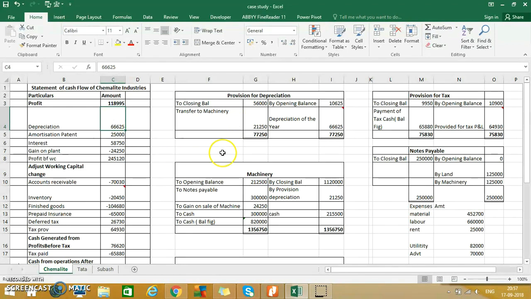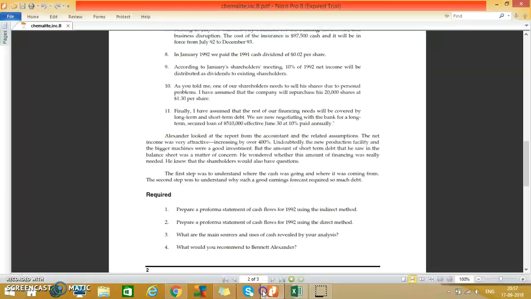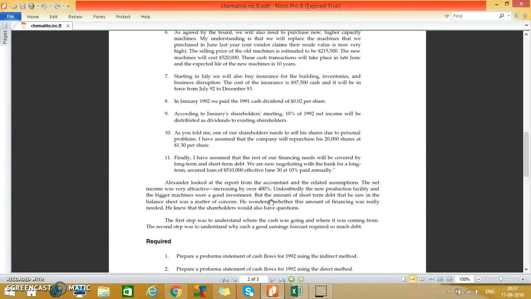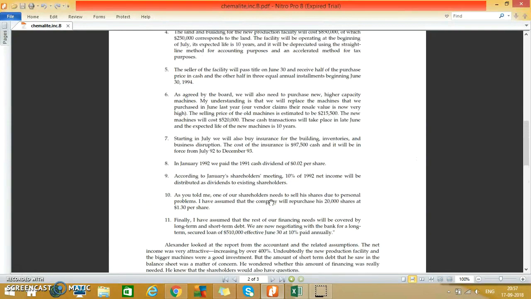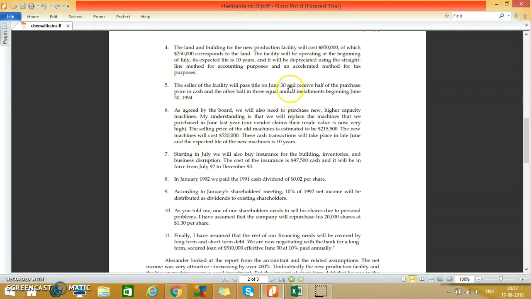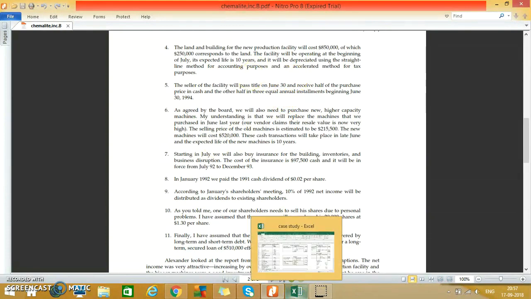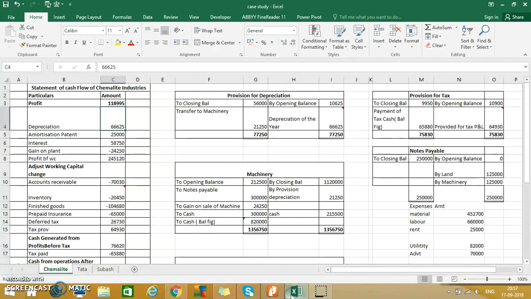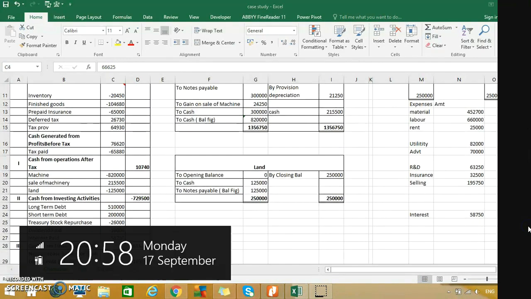Now let us see the fourth, fifth, and the sixth point which I told you earlier. The fourth point says that the facility is being acquired for 8,50,000, of which the land works out to 2,50,000. Let me start with the working first, and later on I'll talk to you about the indirect method. So here he says that the land is being acquired for 2,50,000.